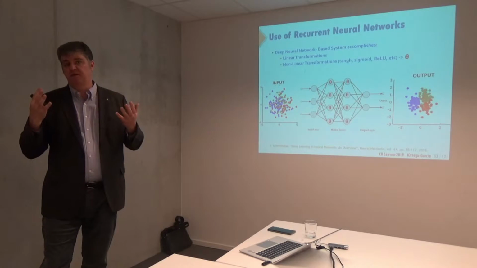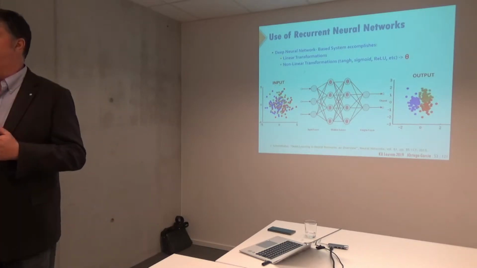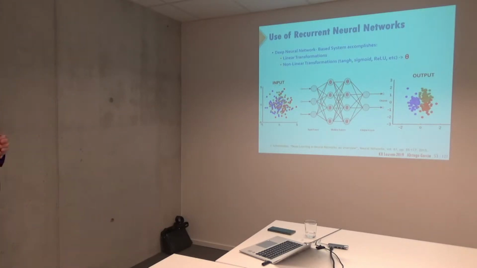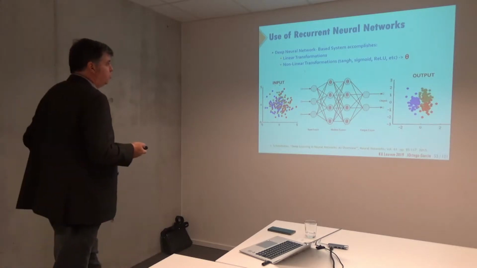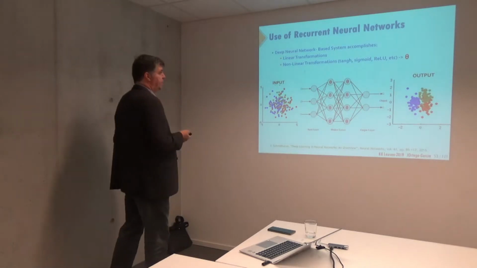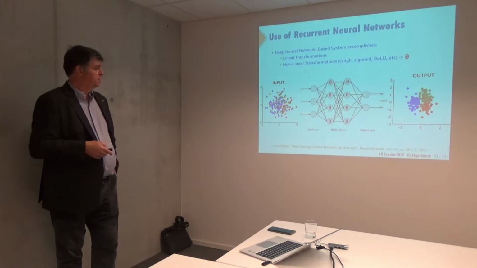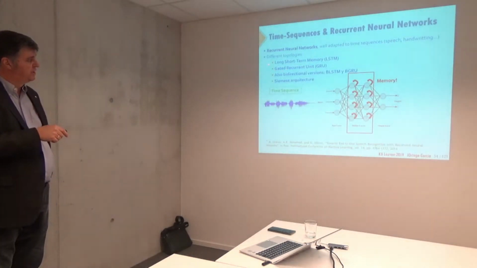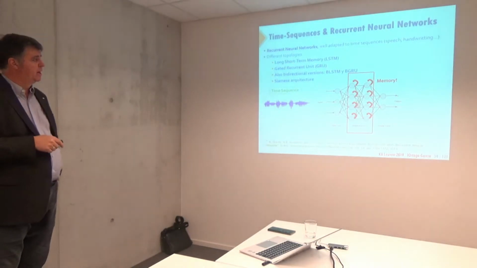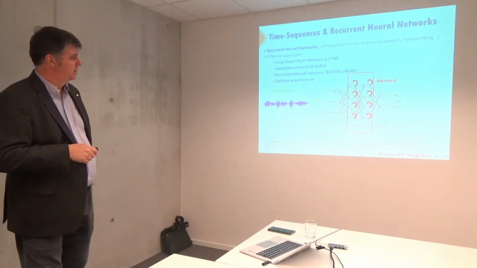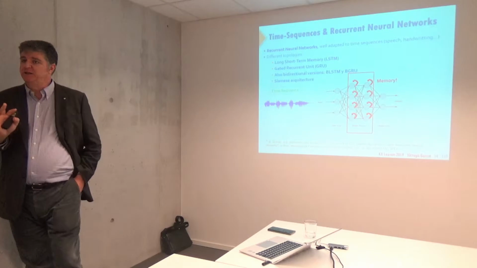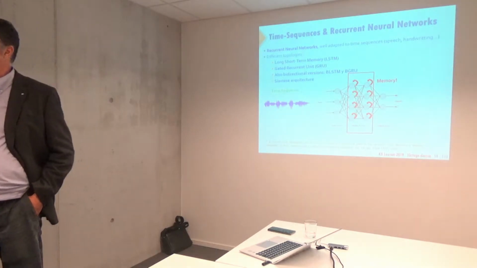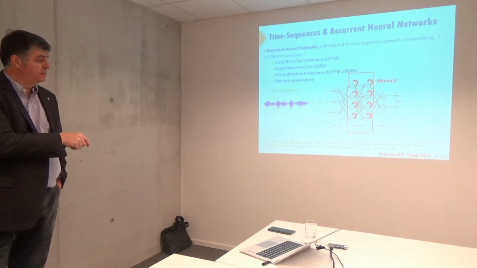So it's a problem because of data scarcity. But in any case, we are using recurrent neural networks. Basically, we've been using long short-term memory and gated recurrent units. These kinds of topologies are well adapted to time sequences.